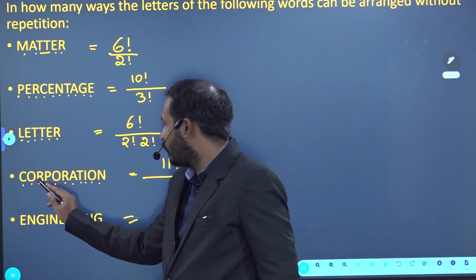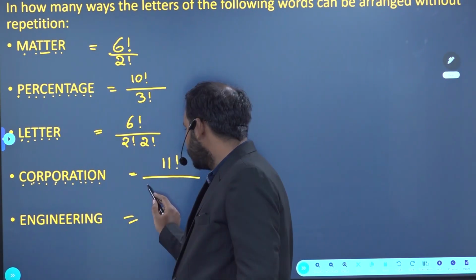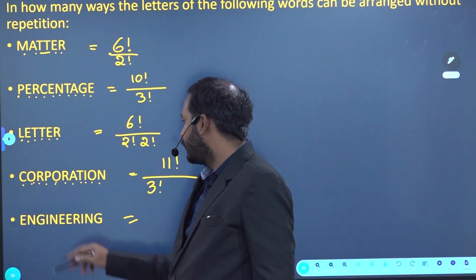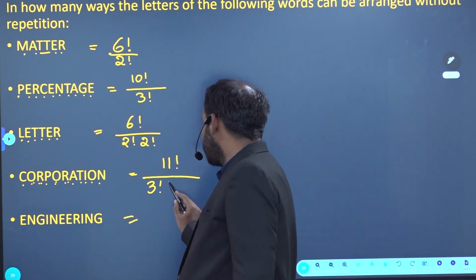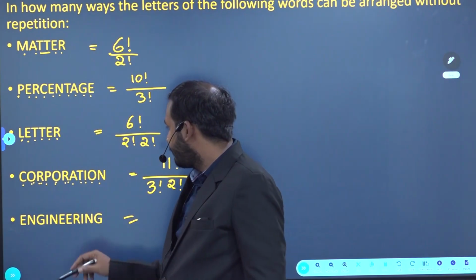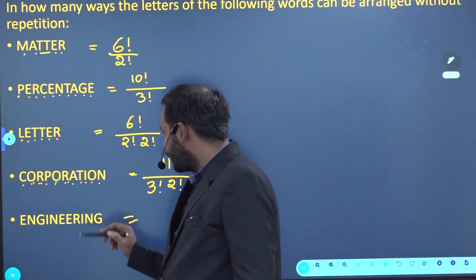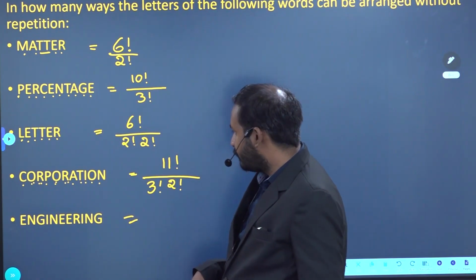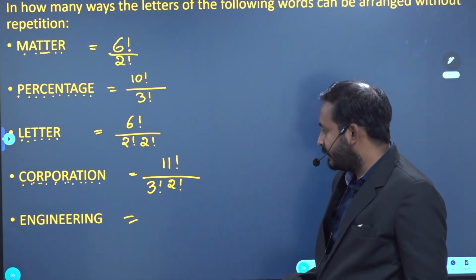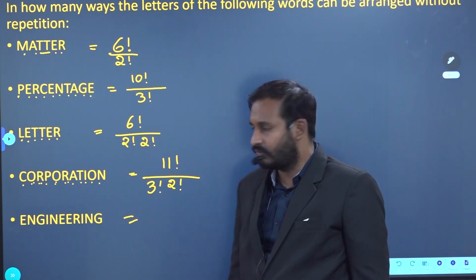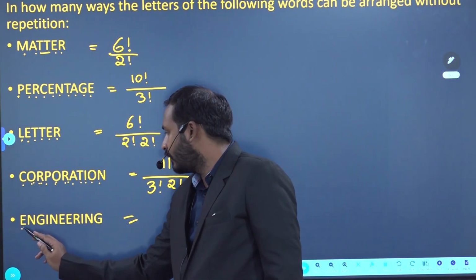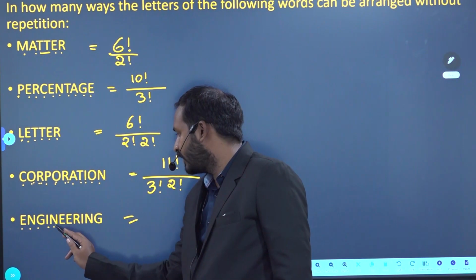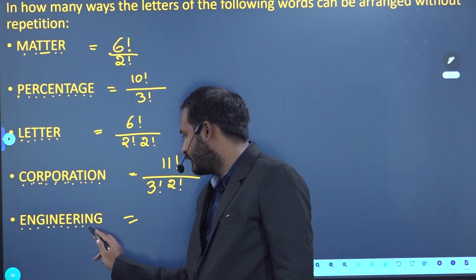Now please see here, O was repeated 1, 2, 3, 3 factorial. Next R was repeated 2 times, 2 factorial. Is there any other repetition in corporation? Apart from O and R, no other letter is repeated. So 3 factorial into 2 factorial. Now come to engineering. 1, 2, 3, 4, 5, 6, 7, 8, 9, 10, 11.